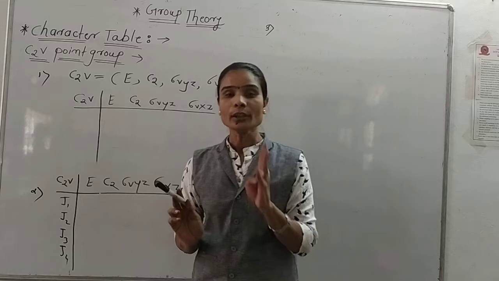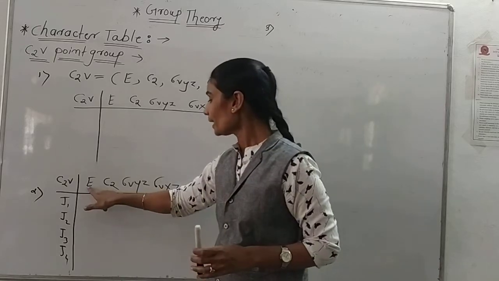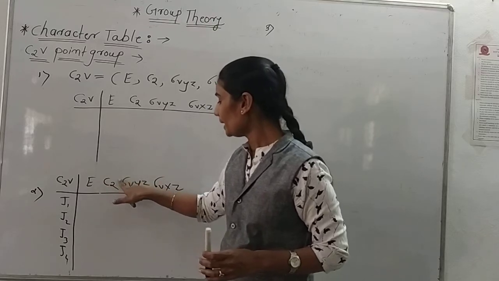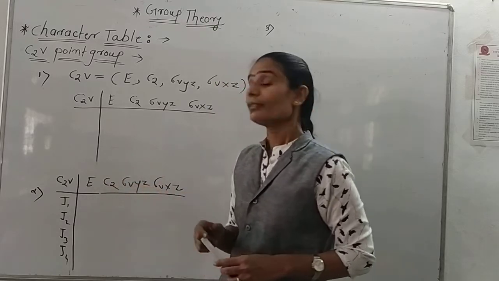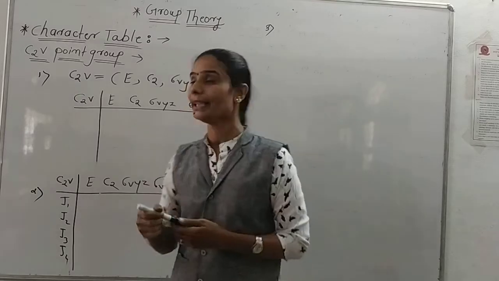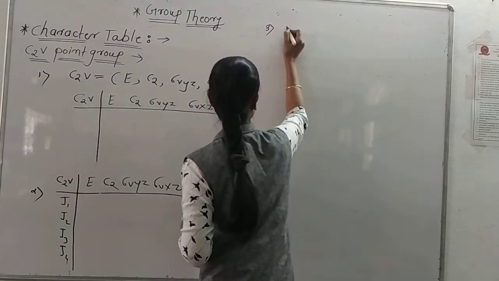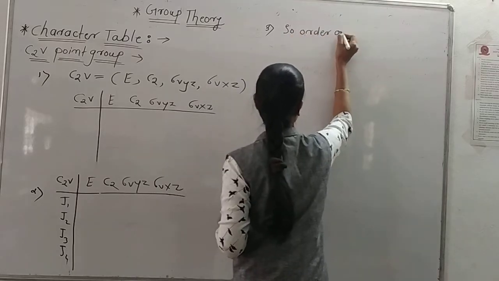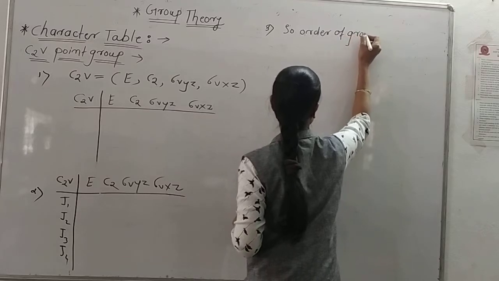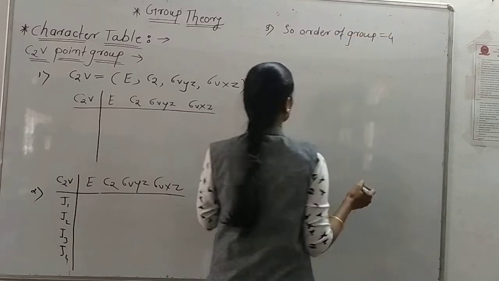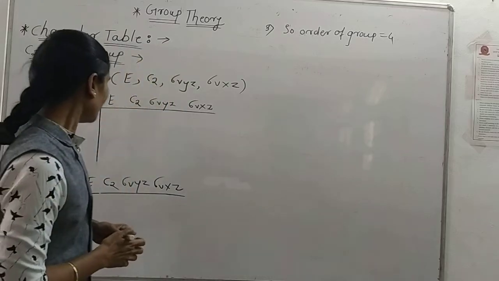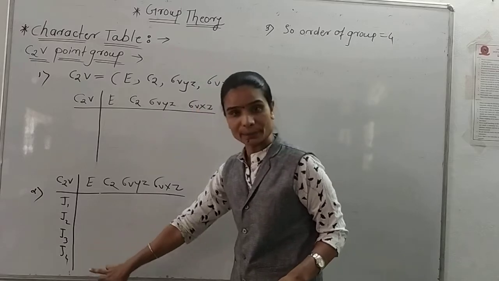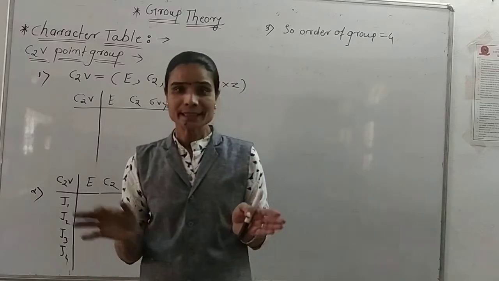Means there are 4 symmetry elements present. So the order of group is equal to 4.